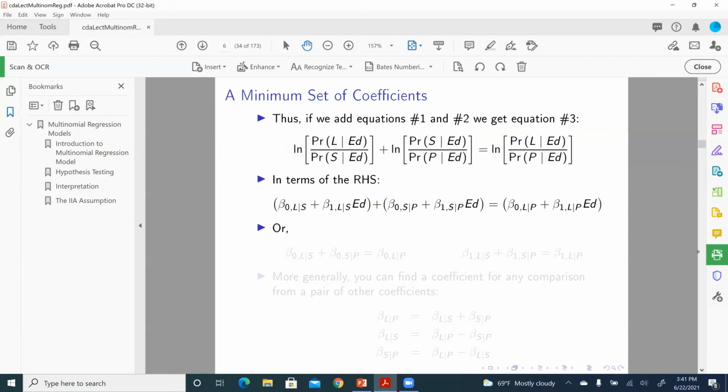So for the first log of odds, we have this equation. For the second log of odds, we have that equation. And for the third, we have this equation. And the sum of the first two intercepts is going to lead to the third.